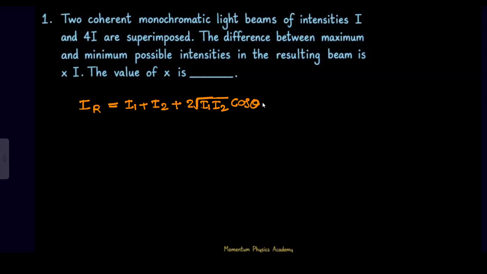So here they are given the intensities of the two coherent sources, and they are asking for the difference between maximum and minimum intensity.